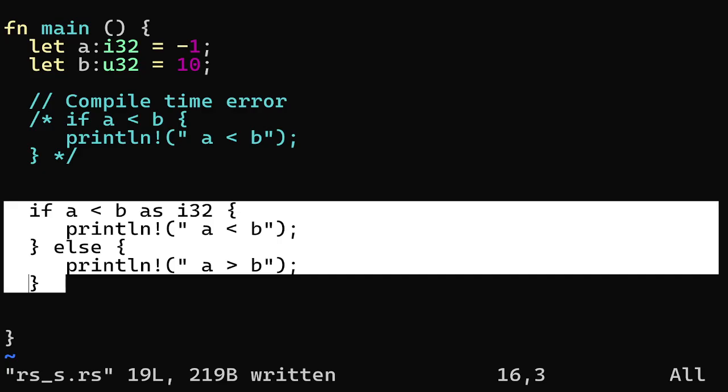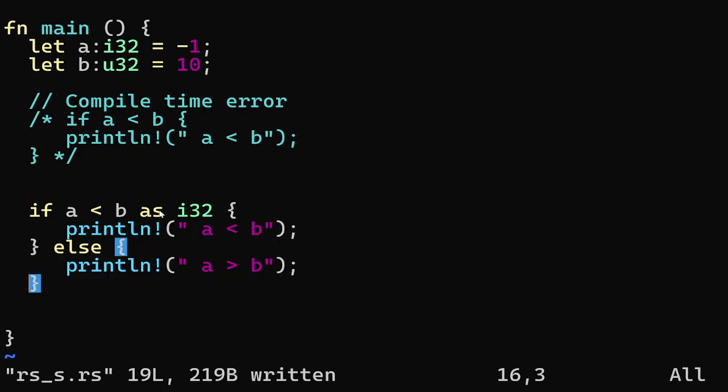This is one of the strongest design choices that Rust has made and improvements that Rust has brought about. Rust treats numeric conversions as potentially unsafe operations. That's why it requires all programmers to explicitly cast.